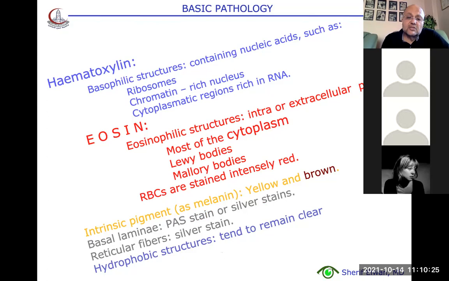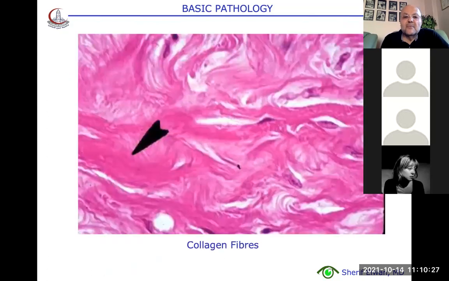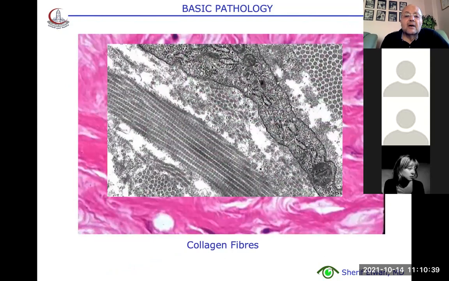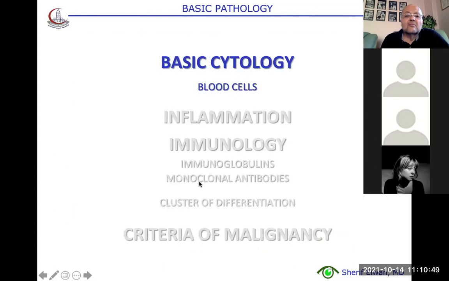However, they are not actually clear. Collagen fibers are very acidophilic and thus stained by the red stain in a hematoxylin and eosine preparation. Under the electron microscope, there are no stains, but light shades, and this is how the collagen fibers appear under the electron microscope.